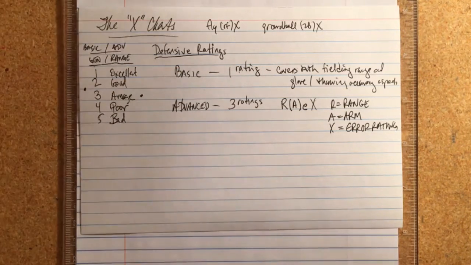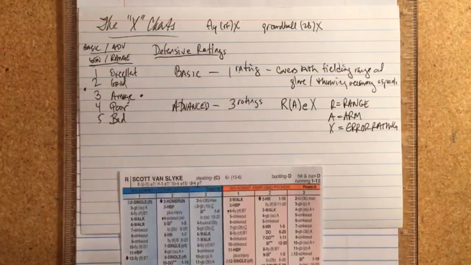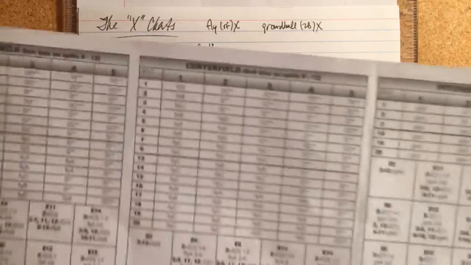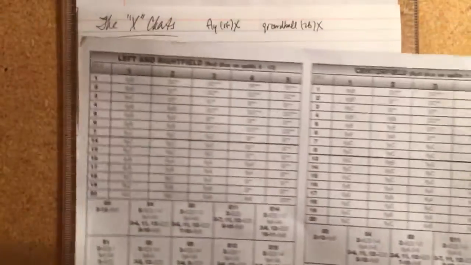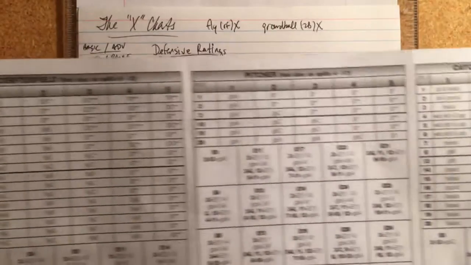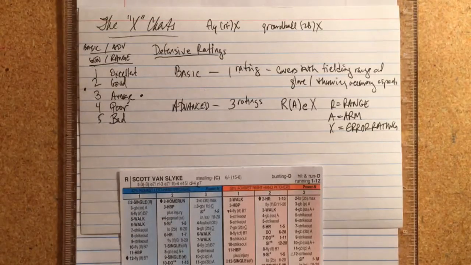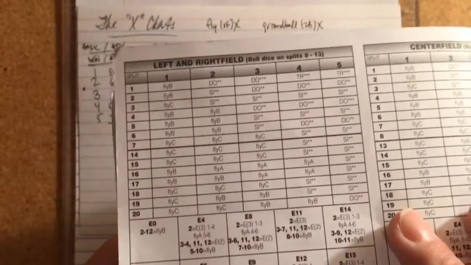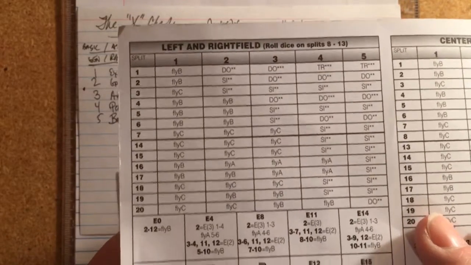So let's take a look at the advanced X chart. This time it's broken down into more facets, as you can see. The only one that's condensed is the corner outfield. Both are on the same chart there.